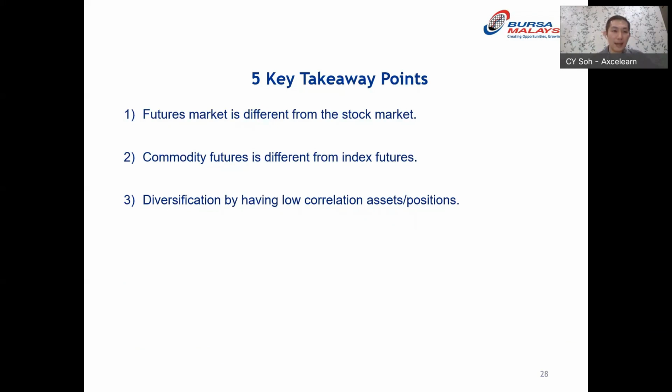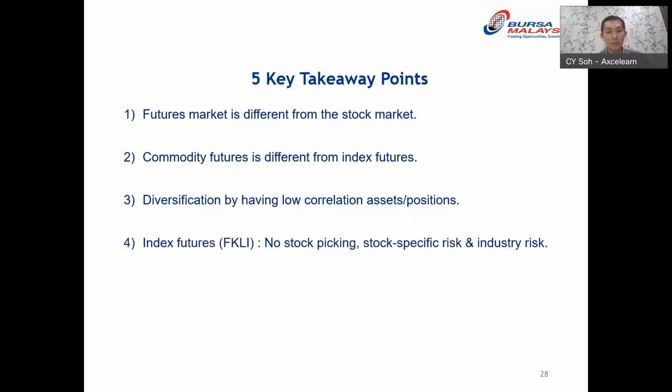You can add a very low correlation product into your portfolio so that you can diversify even further. Number four, index futures like FKLI you can still trade, because you don't have to do any stock picking. You don't have to face all of those risks from the stock market.